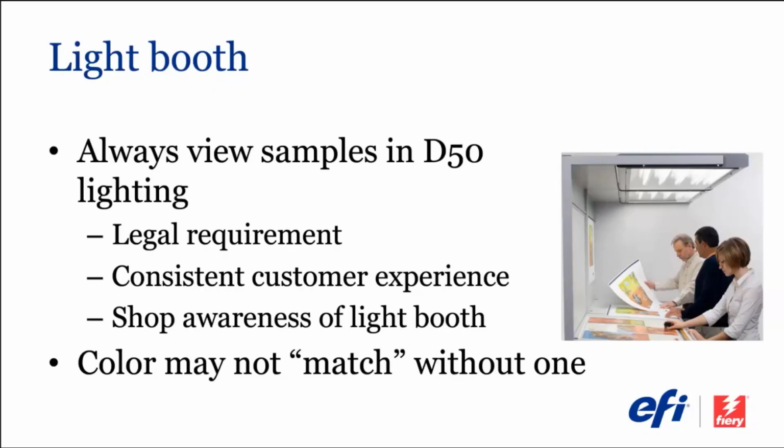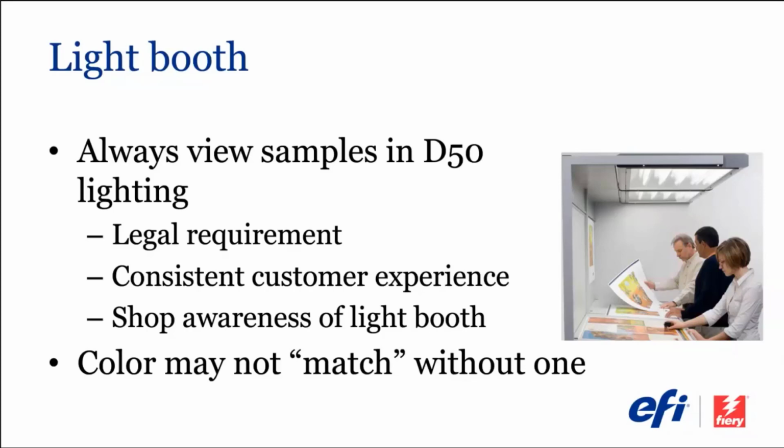So if you have media with optical brighteners, and if you have a light source with a lot of UV, the media is going to look brighter and it's going to look bluer than if it's viewed in an area that doesn't have ultraviolet, which means if you're on the phone with your customer and you don't know what viewing conditions they're looking at the printed job, and they're talking about the color, you may be looking at two different products, okay?